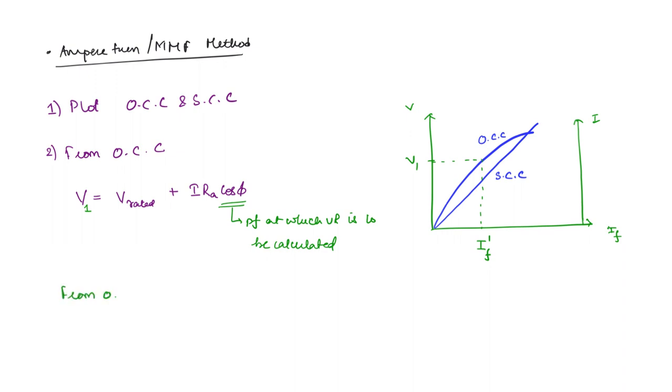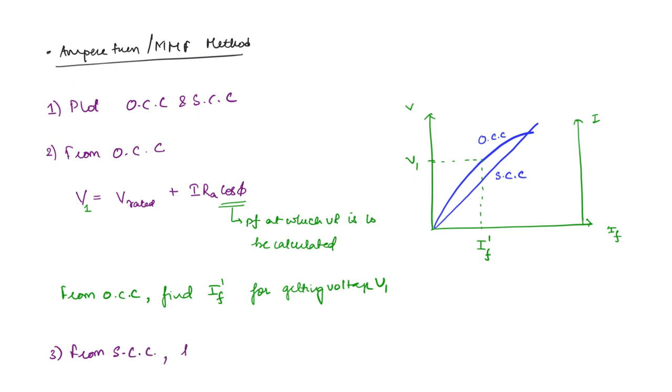So from the graph you are going to get IF dash. From open circuit characteristic, find the field current for getting voltage V1. Okay. Next, from the short circuit characteristic, we want the field current which will give the rated current.